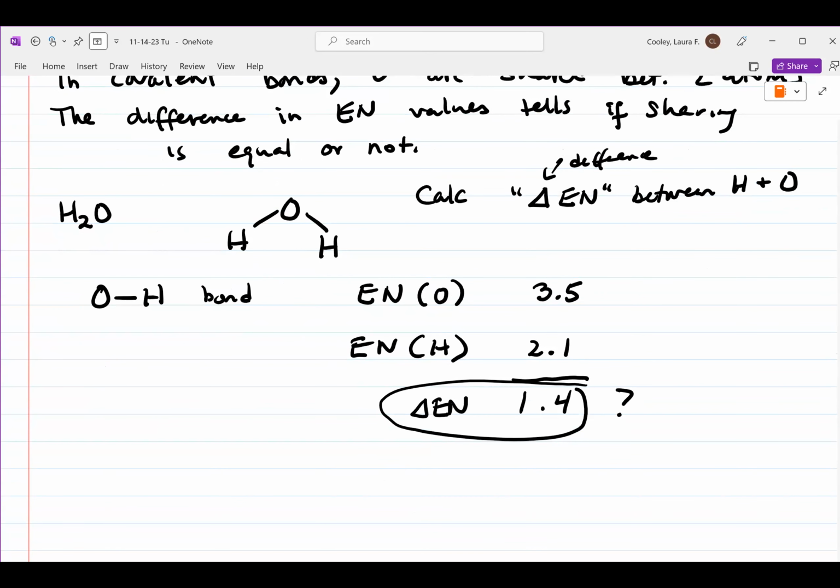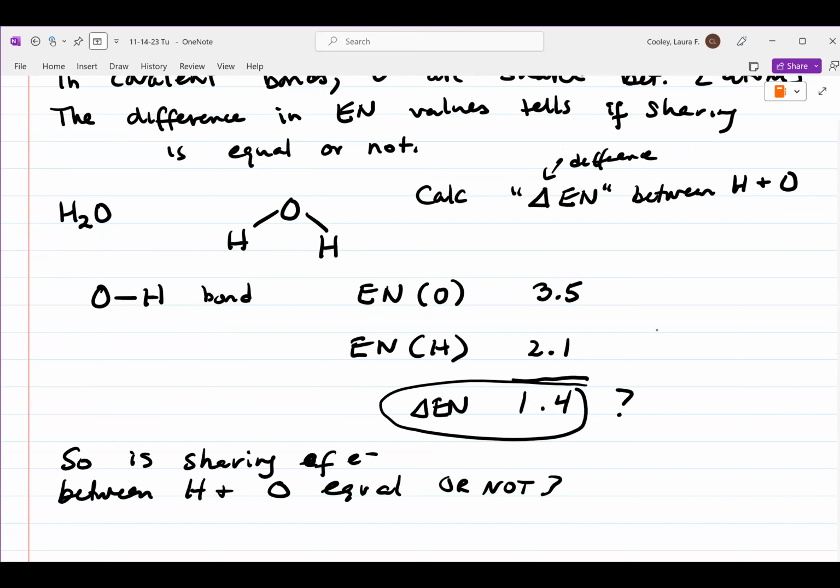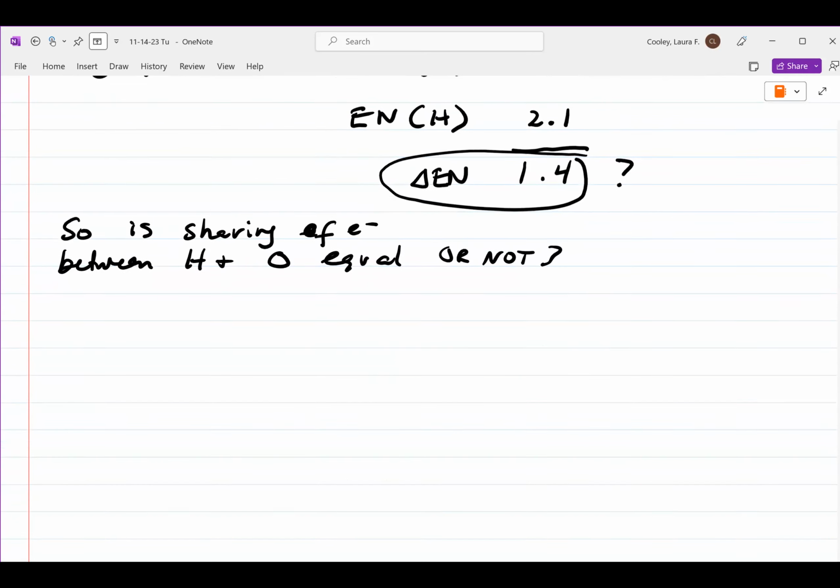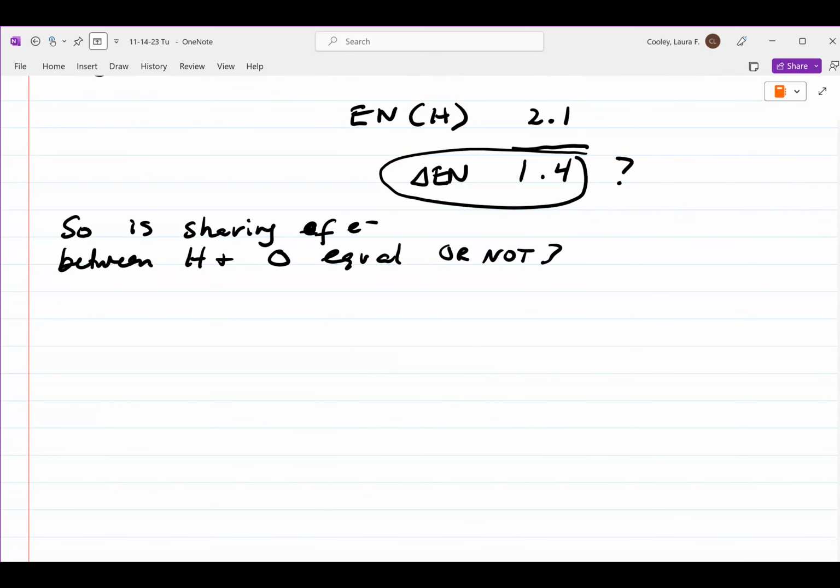Does that mean there's equal sharing, or not equal sharing? So that's the question. Is the sharing of electrons between H and O equal or not? It's actually not, but let me tell you how we interpret this and what it means.